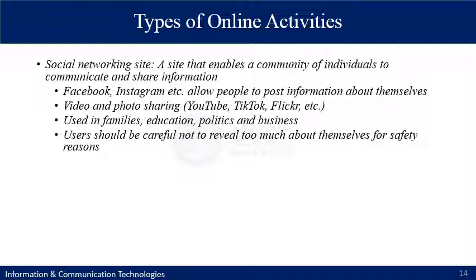There are some video and photo sharing websites which are quite famous in many parts of the world, such as YouTube, Flickr, and recently TikTok has made a certain impact.